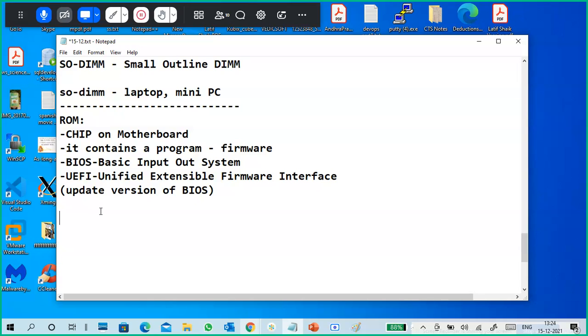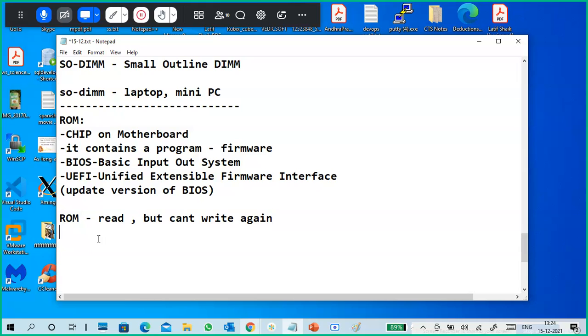So it is a built-in chip, meaning the chip is already built with instructions. You cannot put anything in once it is built. So that ROM chip we can only read, but we cannot write again.